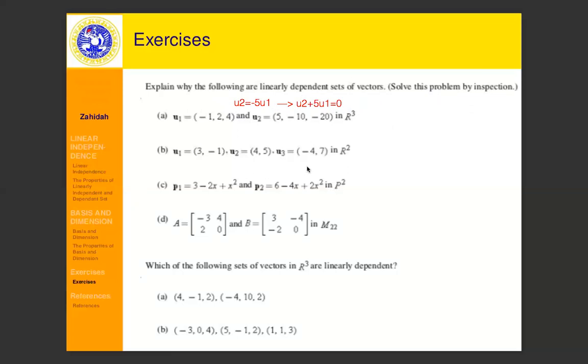So for B2, you have to show that one of the vectors can be expressed as a linear combination of the other vectors. For C, we can easily check that P2 equals 2P1, right? Yeah. P2 equals 2P1.